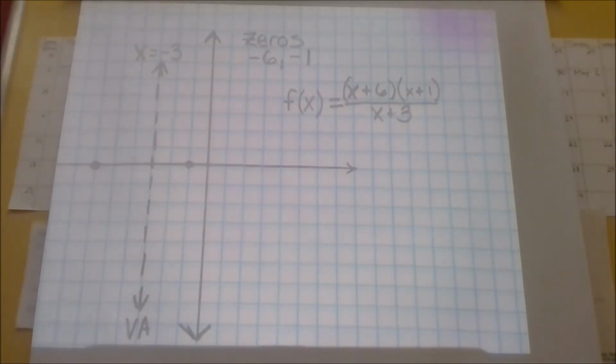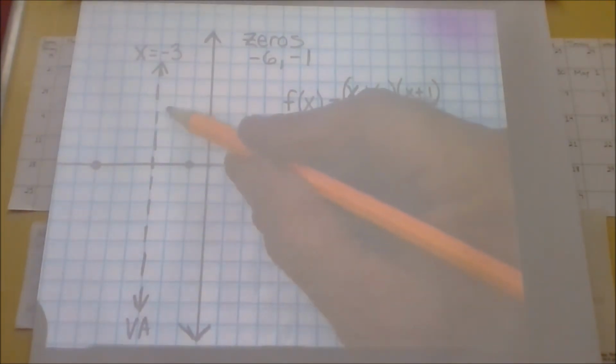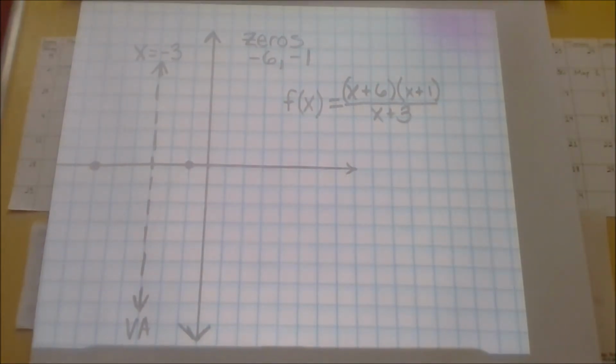So at this point, when you're sketching a graph, what you can do with any function is start plugging in values. And for me, I would like to plug in the easiest values for figuring out what's going on with y when I plug in an x. And so I would like to see what direction this curve is going.